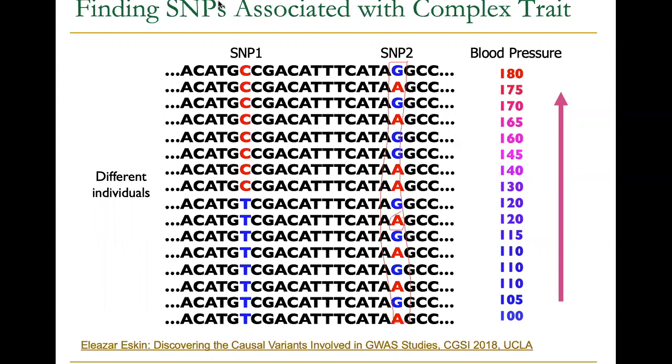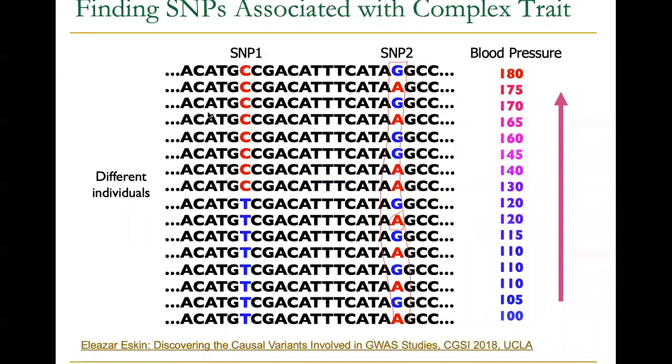So can anyone of you say something about SNP2? Is there anything that you can correlate with blood pressure? Whenever we have G, is it low? Whenever we have A, is it high blood pressure? Dennis, Lars, Nicolas?